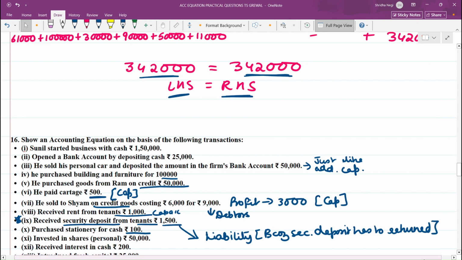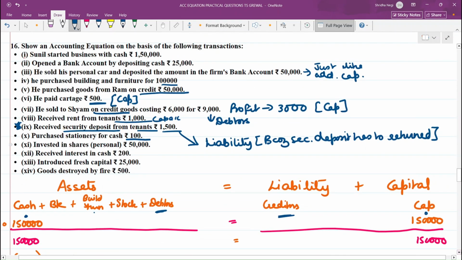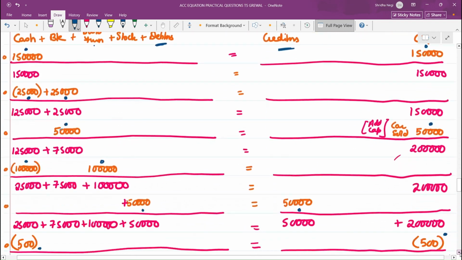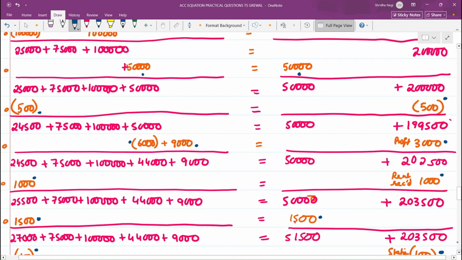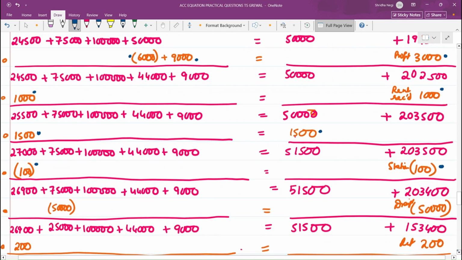Invested in shares for personal use, 50,000. Invested in shares, personal is written, so this means it is exactly like drawings. It is just like your drawings, personal use 50,000. So what will we do with the 50,000? We will subtract it from cash; it will decrease by 50,000. But here you have to be very careful.